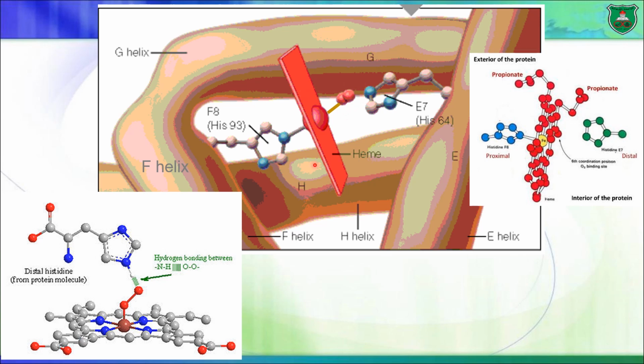What the distal histidine does is that it can form hydrogen bonding with the oxygen. So it stabilizes the interaction between oxygen and the heme molecule. Okay, so remember that this is purpose number 1 of the distal histidine.